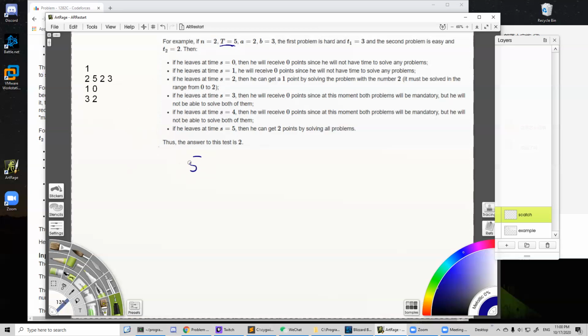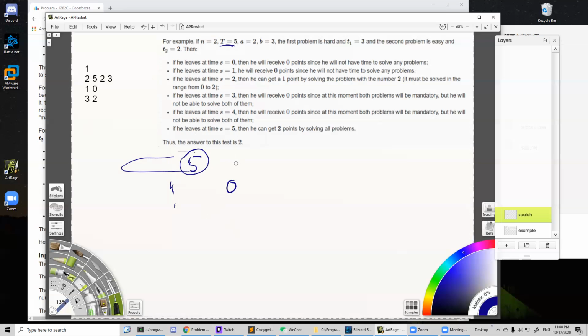No, that's not necessarily the optimal answer, because if you choose the maximum time, you may have more mandatory problems that you cannot solve in this time range, right? That means you get 0 points in that case. So the maximum time is not necessarily the optimal choice.